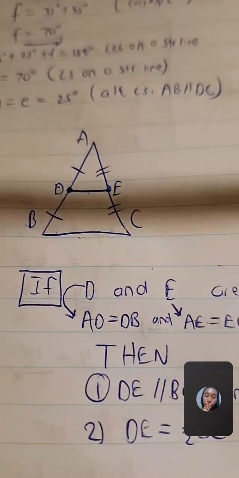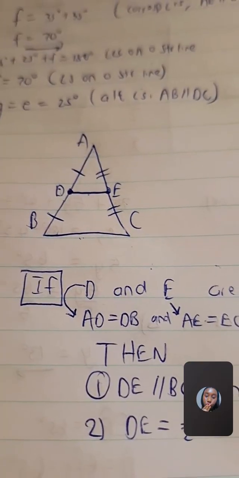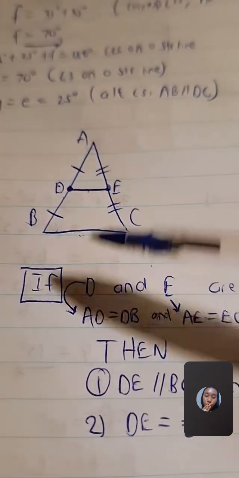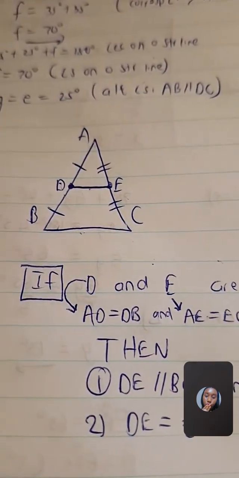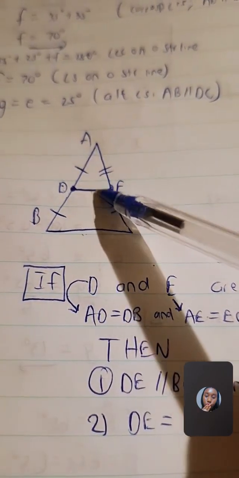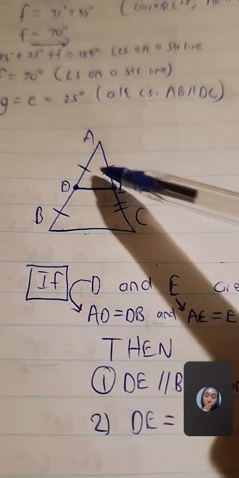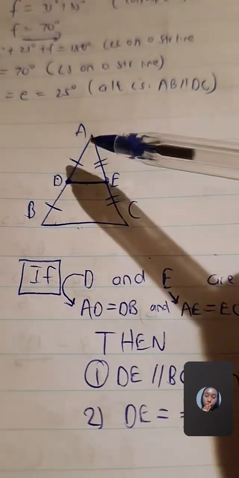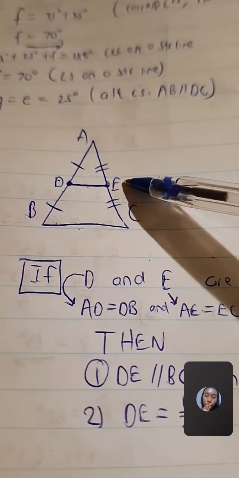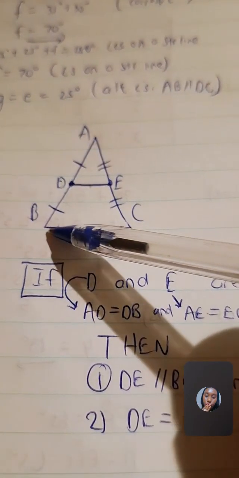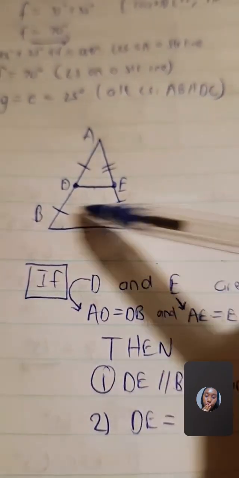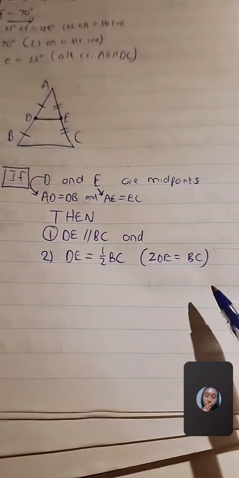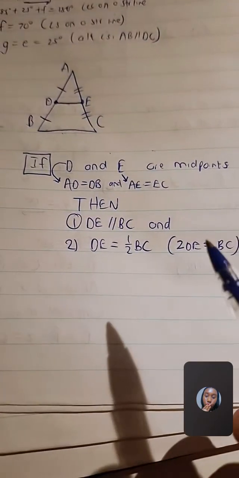If those conditions are in place, what can you and I conclude? DE is parallel to BC. We can write in parallel lines because the conditions are in place. It also means that DE is half the length of BC. Full stop. That is the midpoint theorem.